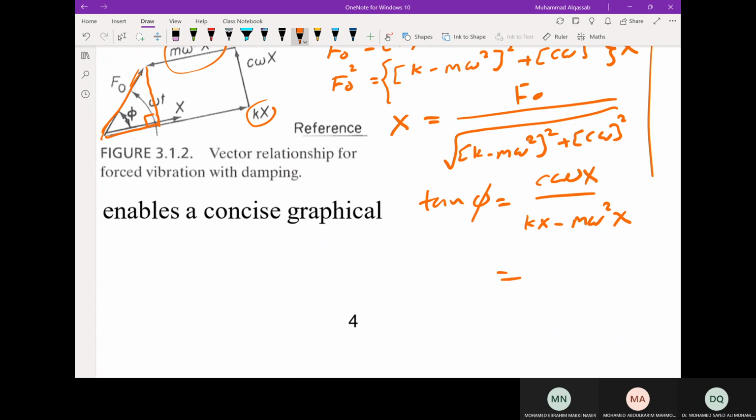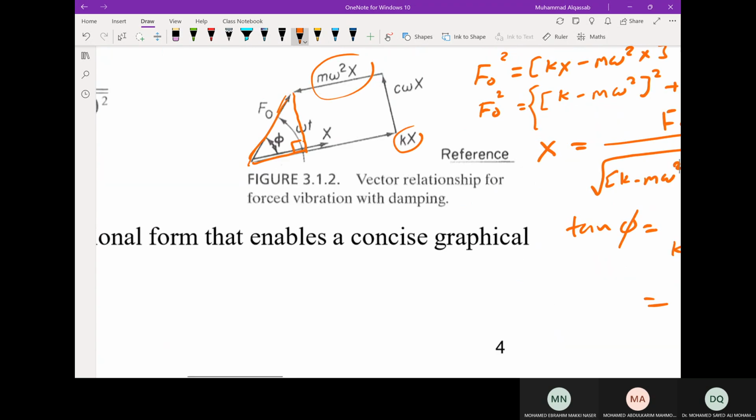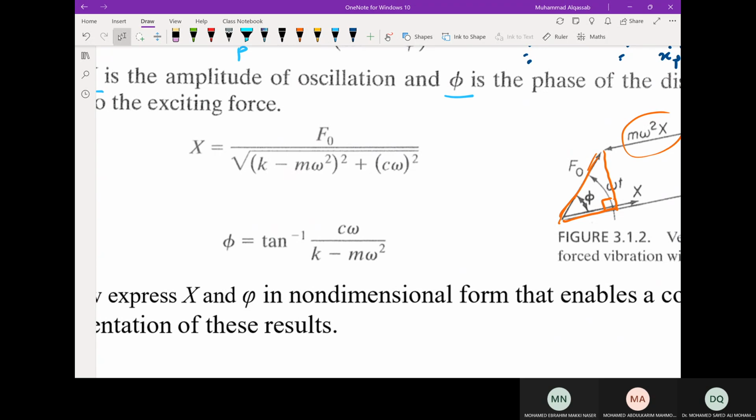So this becomes c omega over k minus m omega squared. Those are written here: X equals F naught over the square root of k minus m omega square, all square, plus c omega square. And phi is the tan inverse of c omega over k minus m omega square.